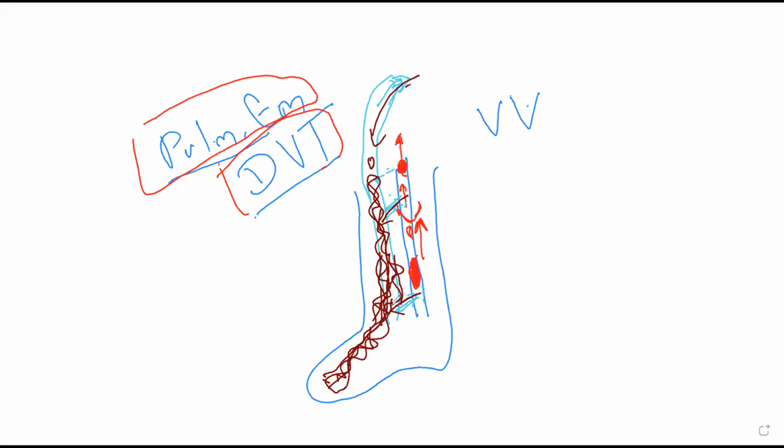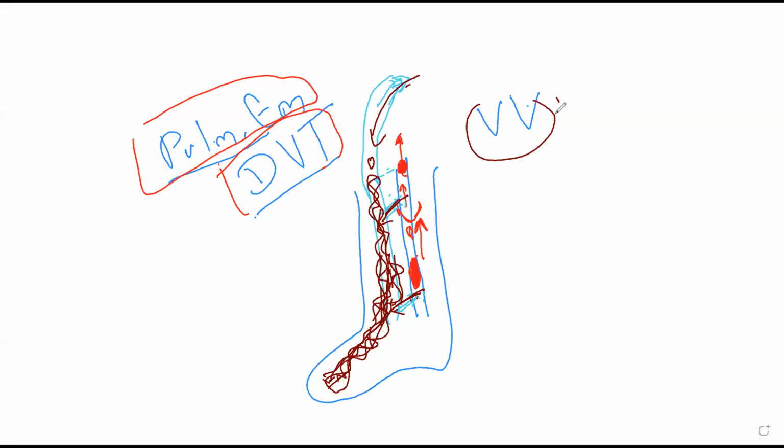But varicose veins also increase the risk of deep vein thrombosis, but not directly. Right? Because of accumulation here, it can cause clots in the deep veins. If it causes clots in the deep vein, it can lead to deep vein thrombosis and pulmonary embolism.